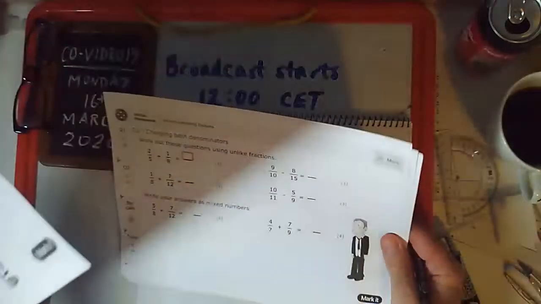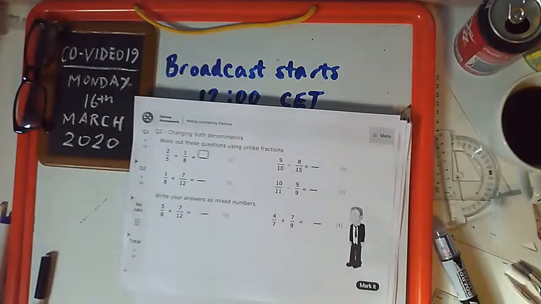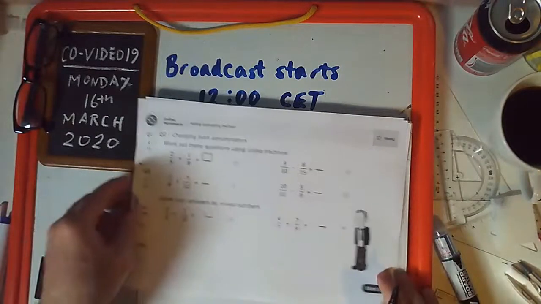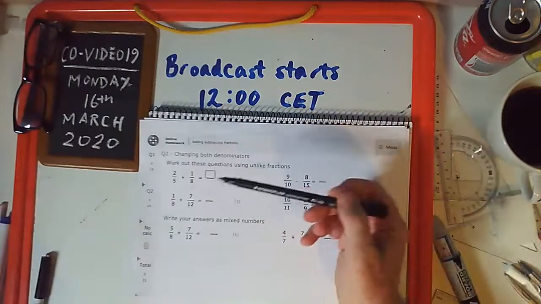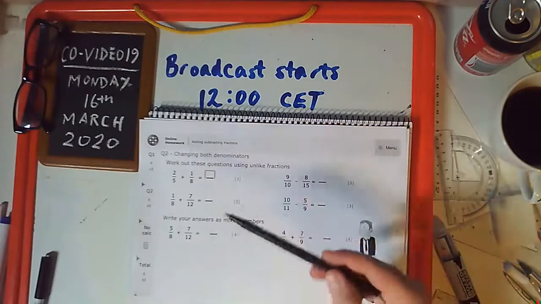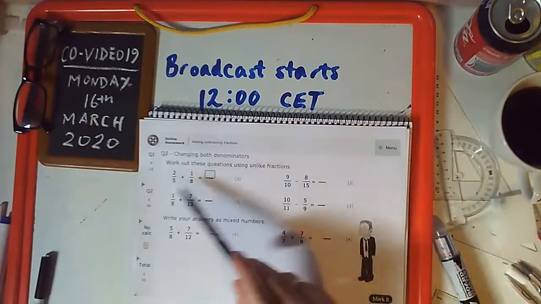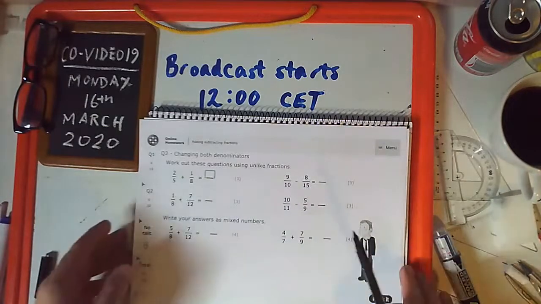Okay, and then the second page of that with the adding and subtracting fractions for MYP1. Here it says changing both denominators. So the number that both denominators go into isn't one of the denominators that's already there.